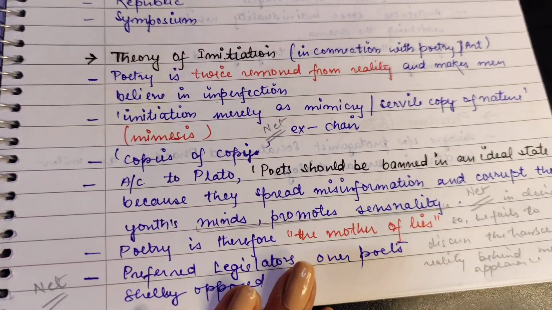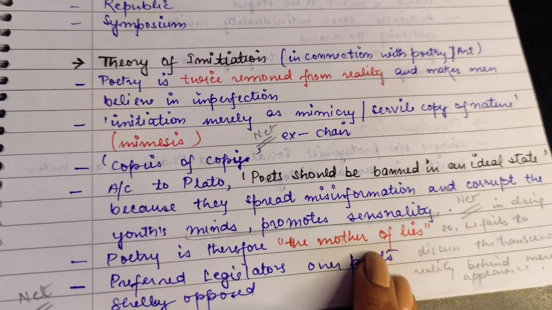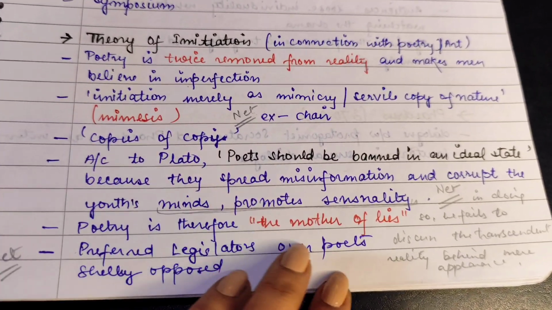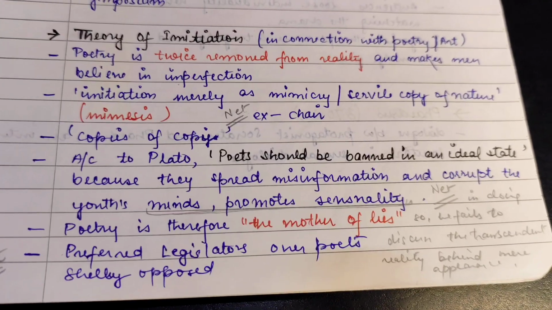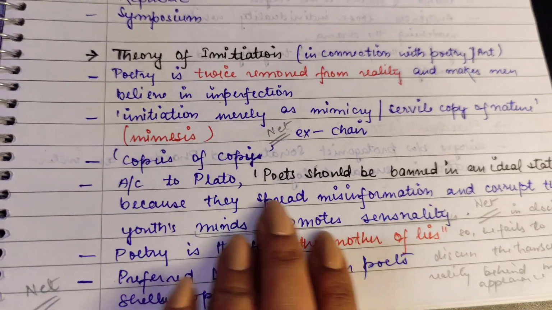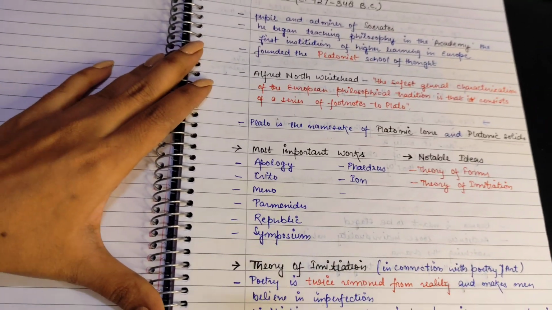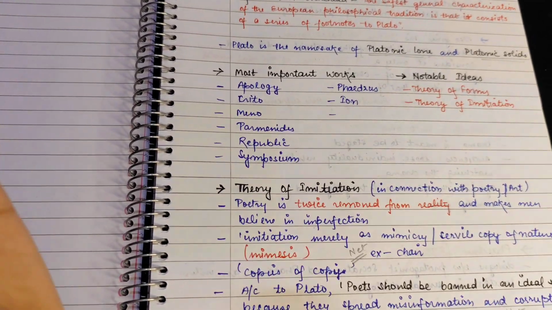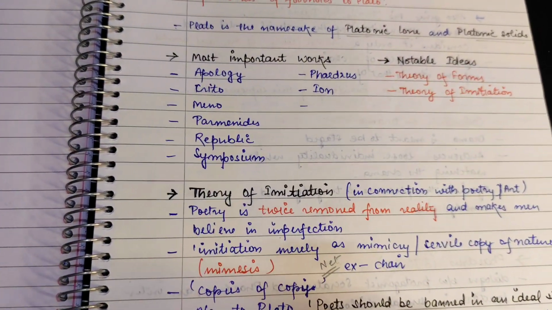So you have to write all of these things. The things that need to be highlighted, that you might think could come, you have to write them in a different color, or whatever works for you. So you can just take a look at what are the things I have written, and you can jot it down so that you know how you have to make notes for other writers.